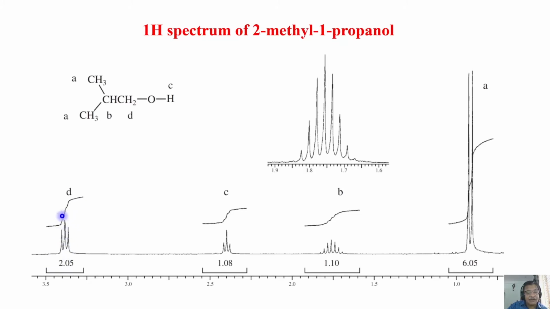It is not clearly visible here. The only very clear triplet pattern is seen here. So let us assume this must be the OH proton and start assigning this one for the OH proton. So the OH proton is marked C.